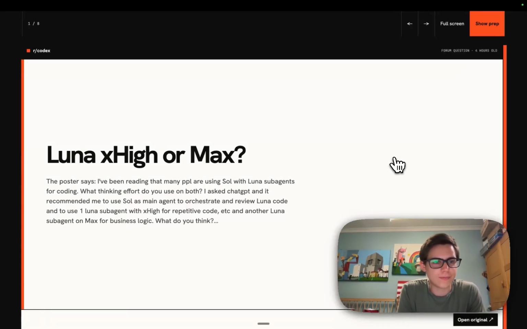Luna on extra high or max? Right. So this is about people within Codex using Sol with Luna subagents for coding, and I guess the question is what effort level to use for the subagents.